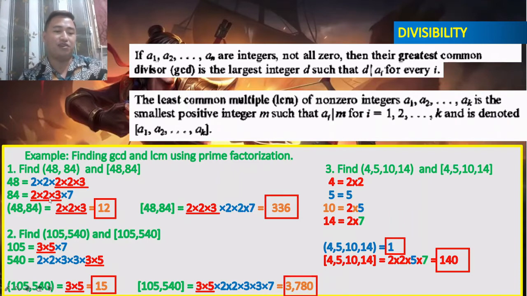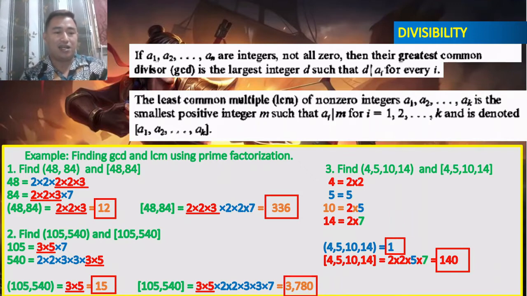This is 4 times 3 times 7, which is 21. 4 is 2 times 2, and 21 is 3 times 7.